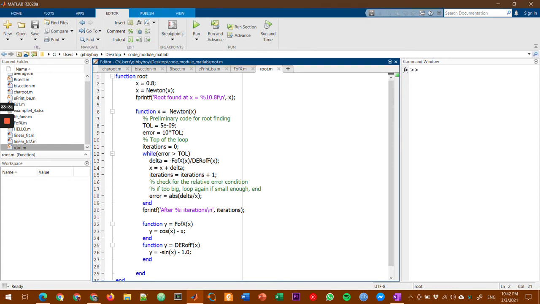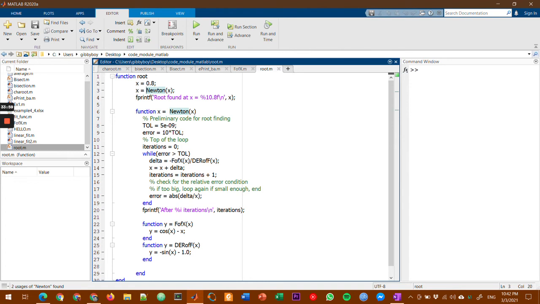And then this 0.8 initial value will be fed into this function Newton. Then whatever the result, it will give as x, right? It could be any value or any variable, but I just chose x, so that it will be replaced anyway with the value of this initial value, whatever the result of this is.